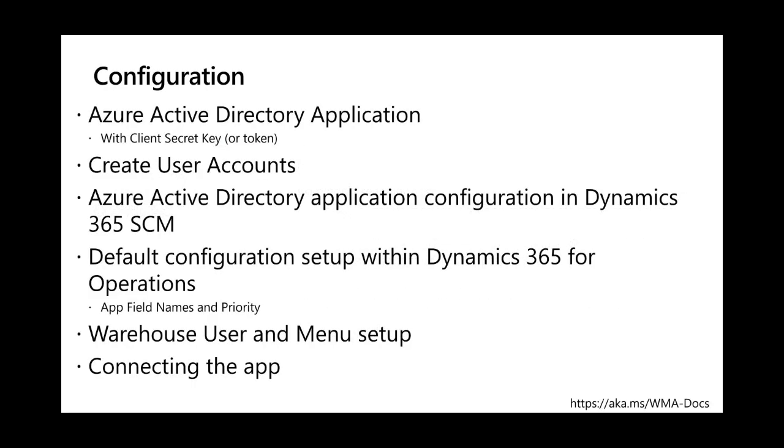So I'm going to walk through the details that are needed to go from a blank system to a working app. This is fairly involved, but I do want to make sure we cover each of these steps. In general, most of these would be done by the implementation partner or system administrator. A warehouse operator will not need to deal with any of this complexity.